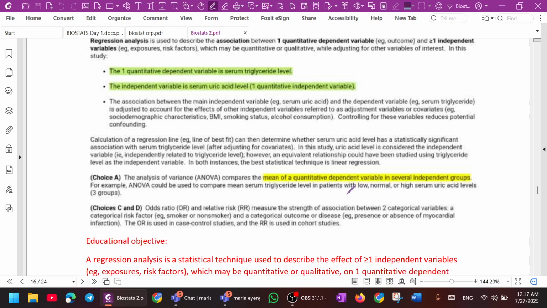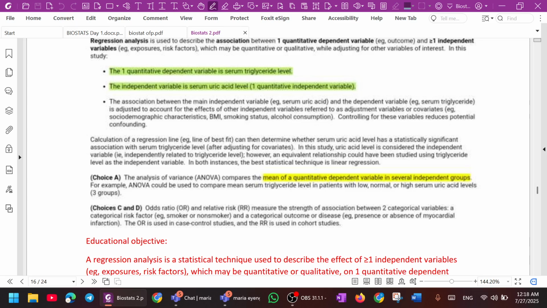Odds ratio and relative risk measure the strength of association between two categorical variables: a categorical risk factor, smoker or non-smoker, and a categorical outcome or disease, presence or absence of myocardial infarction.